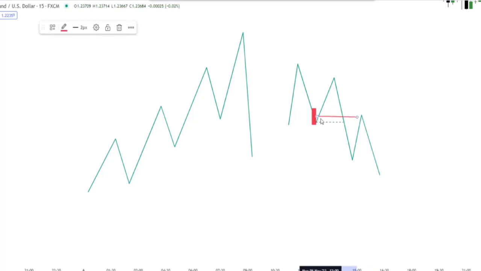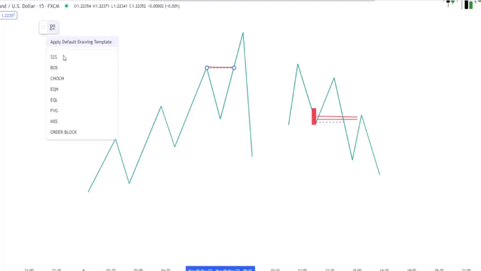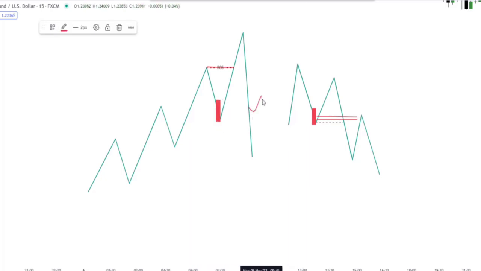Now for a breaker block, there is no failure swing, but there is going to be a liquidity sweep on the left hand side of your chart. Now look at this, price pushing above here like we are having a break of structure on the upside. Ideally you want to wait for price to come back to this bullish order block before you take your trade, probably from here, to continue the upward movement.